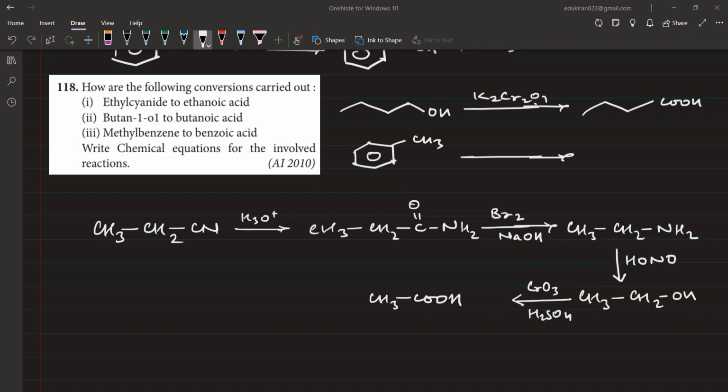We are going to oxidize it in the presence of KMnO4 and KOH. Heat and second step में H plus. Please write this down.